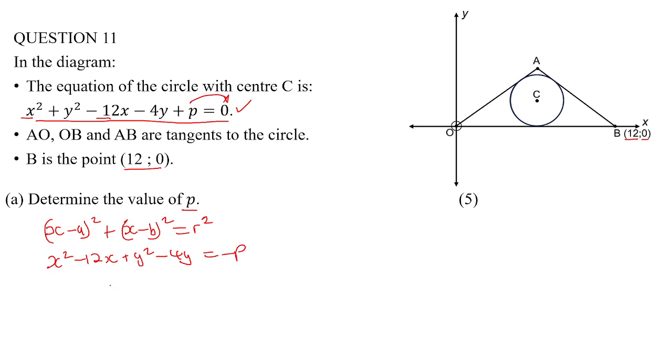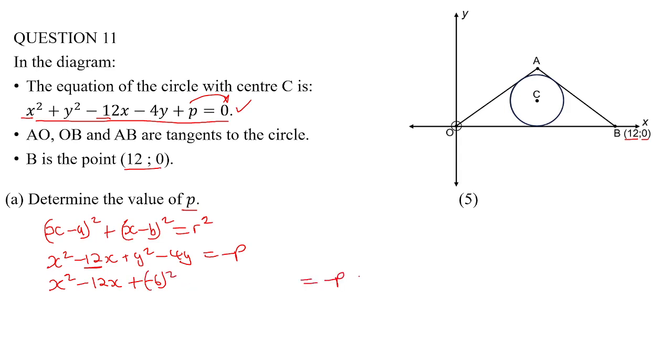Okay, and then we complete the square. How do we do that? It's very easy. Find half of negative 12, which is negative 6, and then you add it on both sides of the equation. Sorry, before you do that, you have to square it. Becomes negative 6 squared, then you add it on both sides. So it's going to be x squared minus 12x, then plus negative 6 squared. Right, let me write it here.